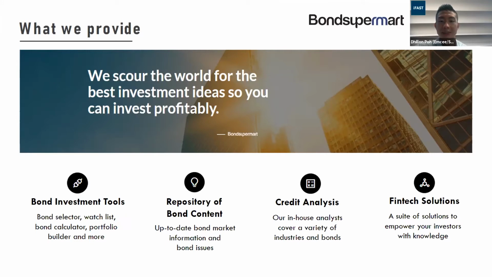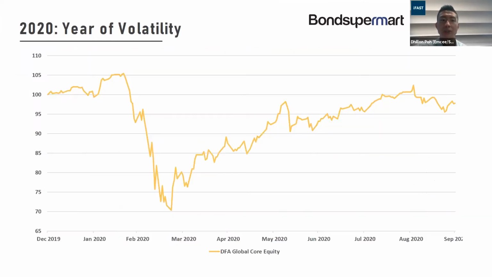That's where our analysts will come in and conduct the due diligence, and then that's where we'll update you in terms of our content as well. So really, we are a whole multifaceted fintech solution provider when it comes to investing in the fixed income space. All right, so this is just a little bit about who we are.